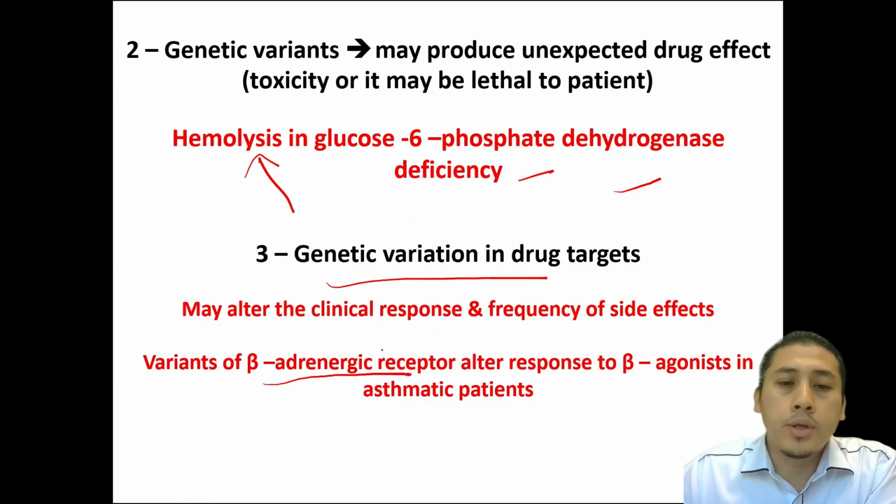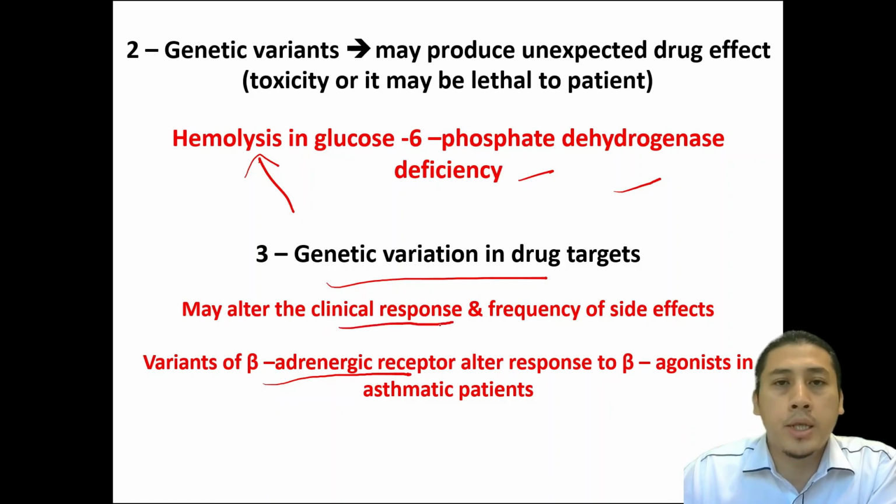However, because it has a genetic variation, then the binding site of the beta adrenergic receptor is different. Okay, so when it is different, the drug A cannot bind to beta adrenergic receptor, and it can no longer inhibit the effect of beta adrenergic receptor, and that will alter the clinical response that you expect.